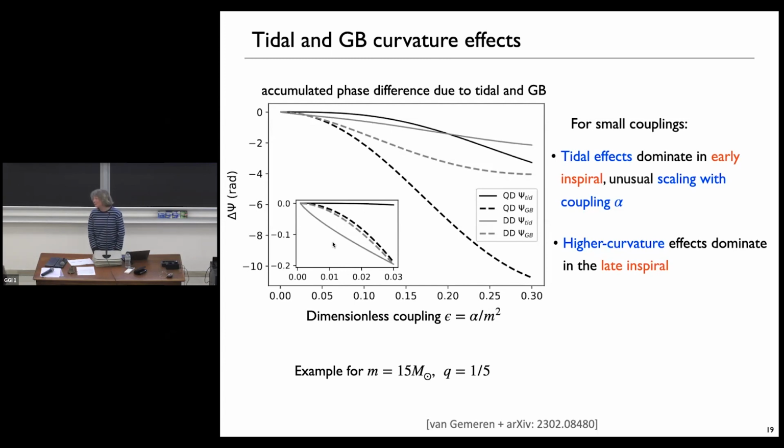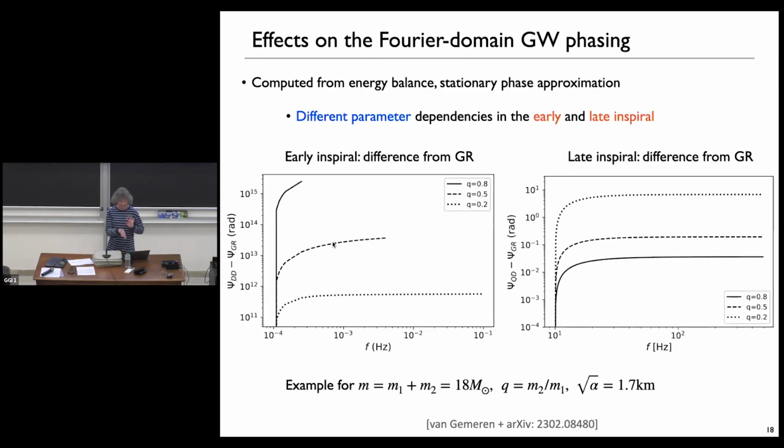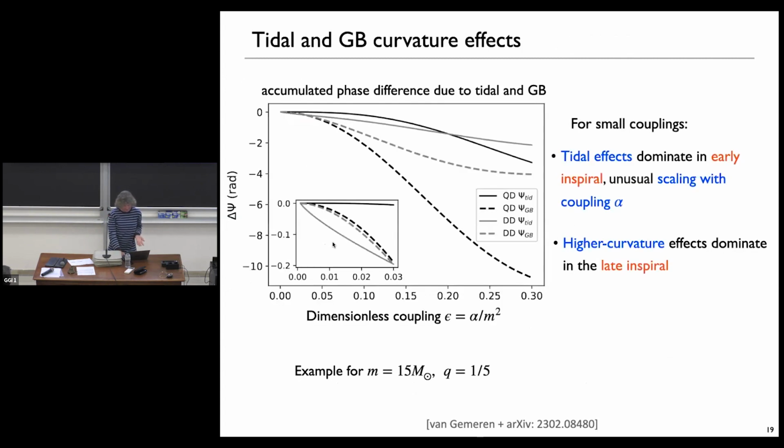Yes, that's true, and that's a good sanity check. It's just that we wanted to understand, because if we look at all the contributions together and we look at the early versus late inspiral, we see these very different parameter dependencies. So we wanted to understand where it comes from. And as you said, it's not unexpected that the higher curvature effects become important in the late inspiral.